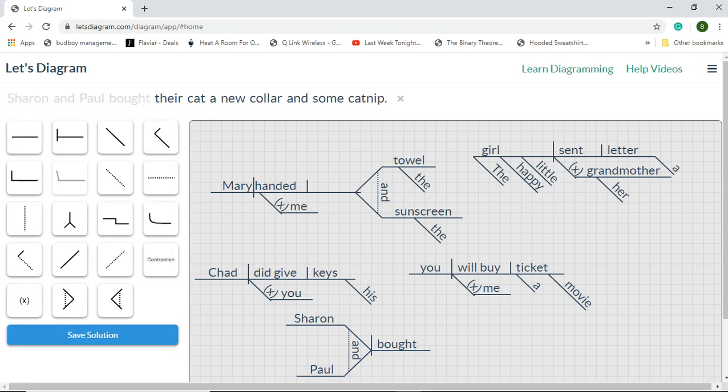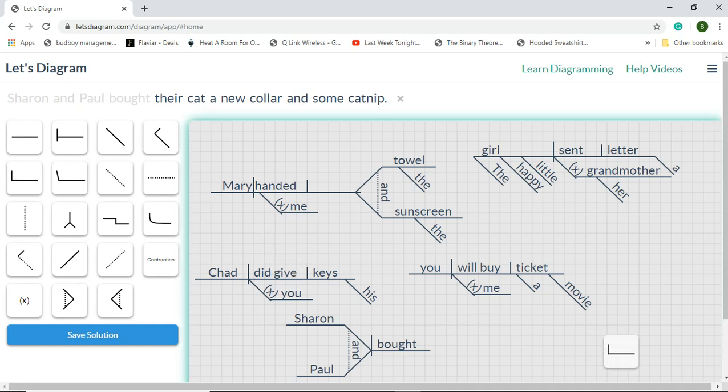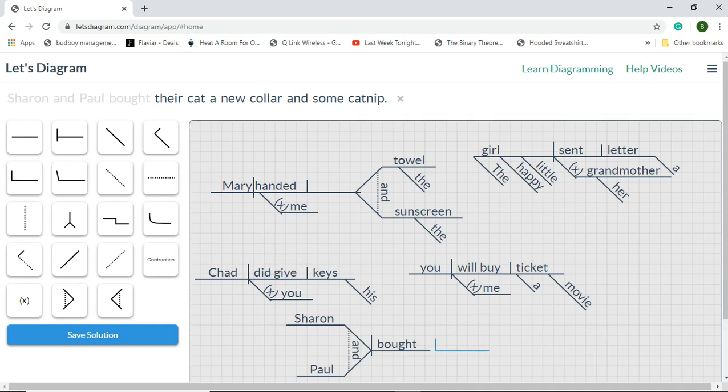Now, after that, we have our direct object. What did they buy? Well, they bought a new collar and some catnip. So that means it is a compound direct object.